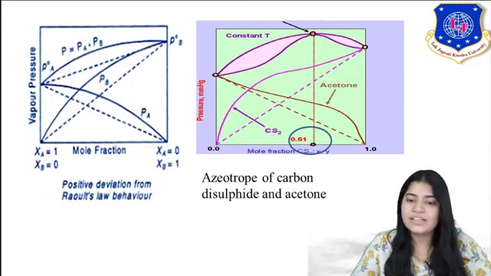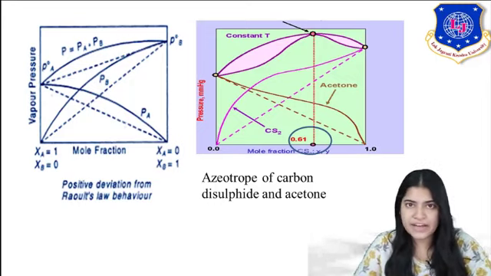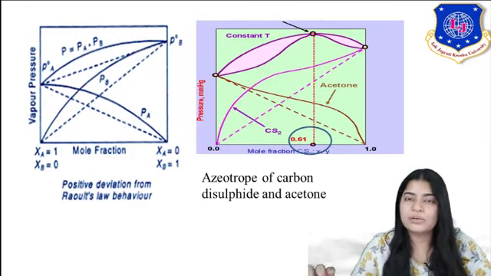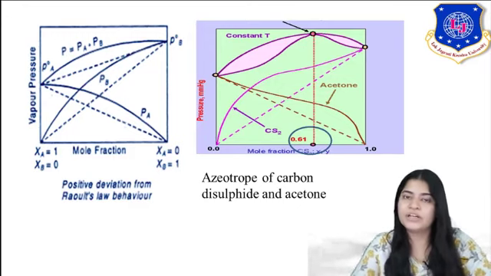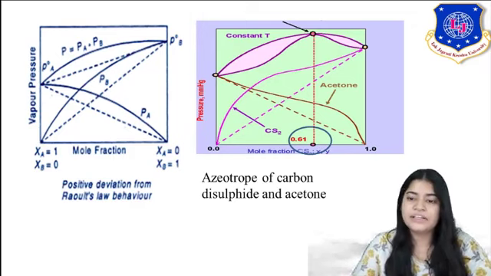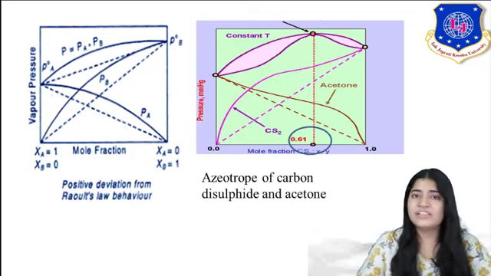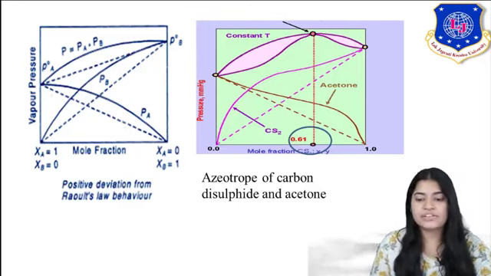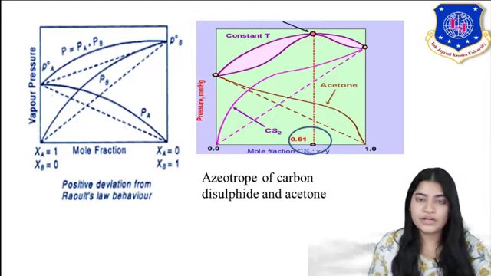You can see the PXY diagram is shown, but at 0.61 both my bubble point curve and dew point curve are merging together. It means at that point there is no difference between vapor phase and liquid phase composition. So my azeotrope condition forms when the mole fraction of one of the components is 0.61 only.